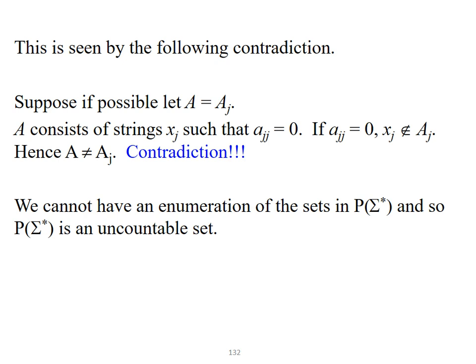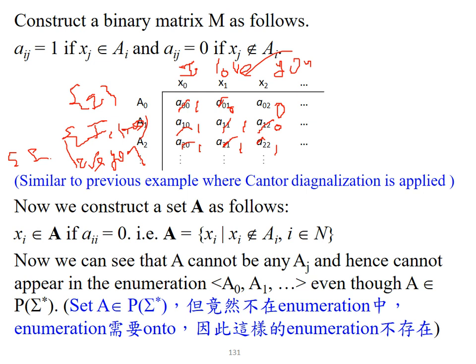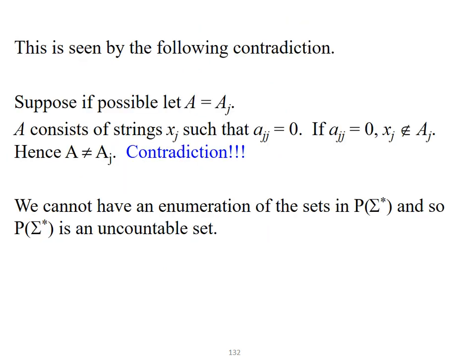The contradiction comes from the definition, because once A equals Aj, then by the definition of the set A, Ajj is 0, and Xj will be included in A. So this is the contradiction, because Xj is actually in the subset Aj. Alright?